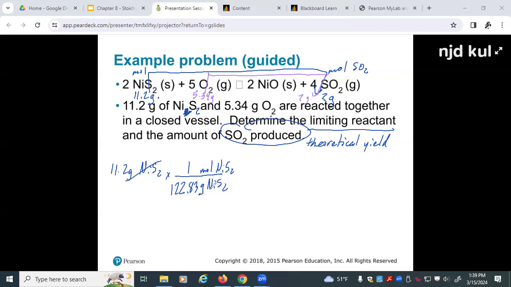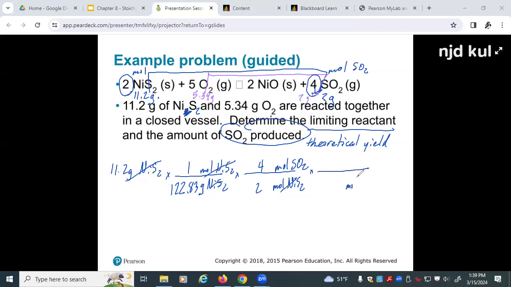My grams of nickel sulfide cancel. My next step is to turn the moles of nickel sulfide into moles of sulfur dioxide. For that, I need the balanced chemical equation and the coefficients from it. So 4 from the sulfur dioxide, 2 from the nickel sulfide. My nickel sulfides cancel.